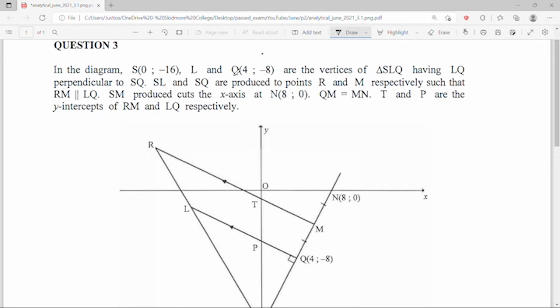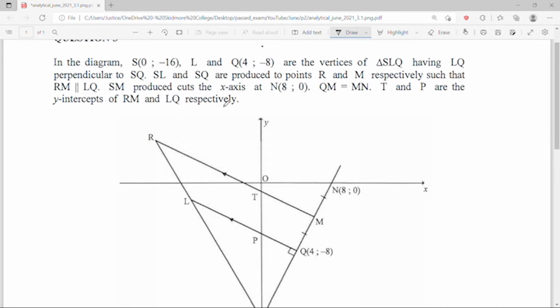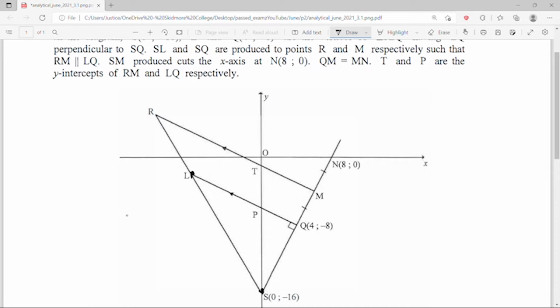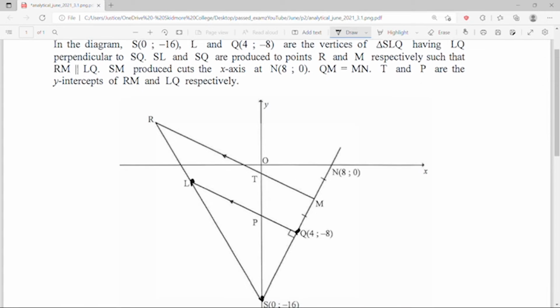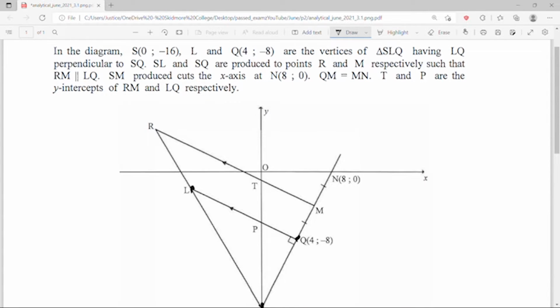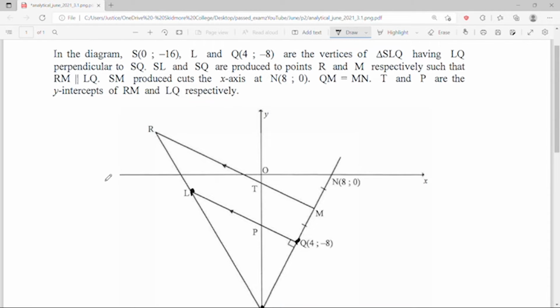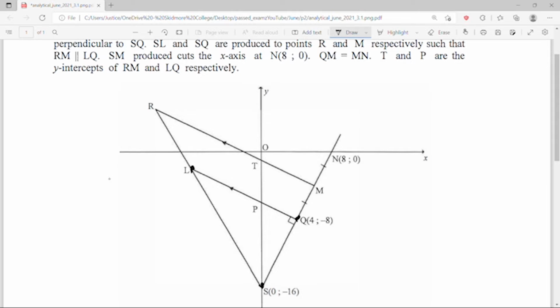So note, every time double check that whatever they told you in the statement is actually on the diagram and see what they're actually talking about. So we have S, L and Q. This is our L there. That is our S down here, and then our Q is here, and they make a triangle, right? It's a right angled triangle, and we know that SQ is perpendicular to LQ right there.